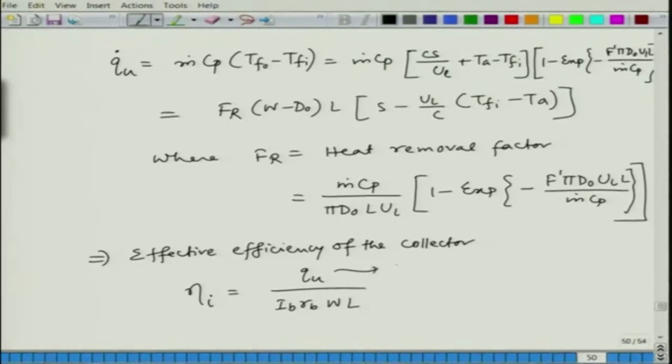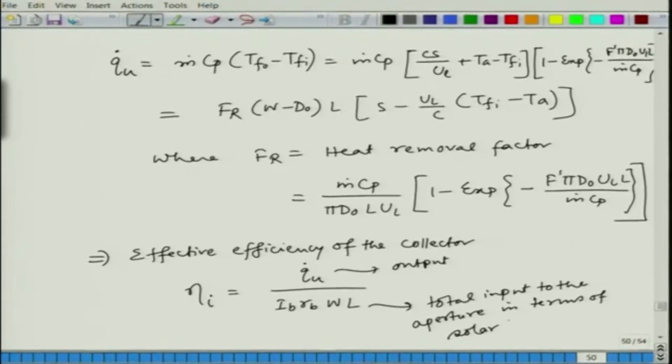So, this is the output, I should say dot because this is a rate, and this is the total input to the aperture in terms of solar radiation. Okay. That is how the efficiency of a parabolic trough collector is computed.